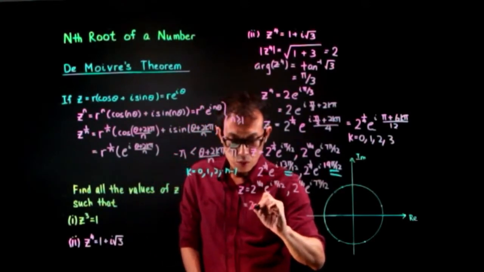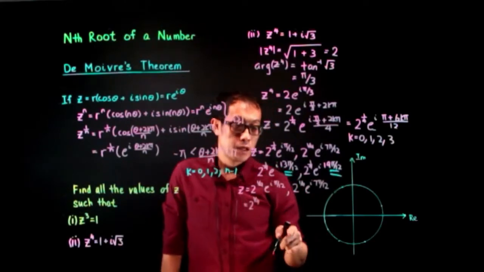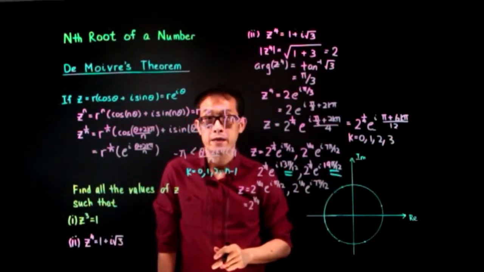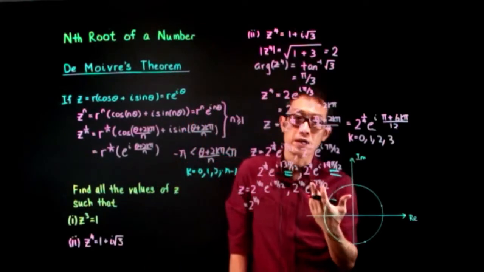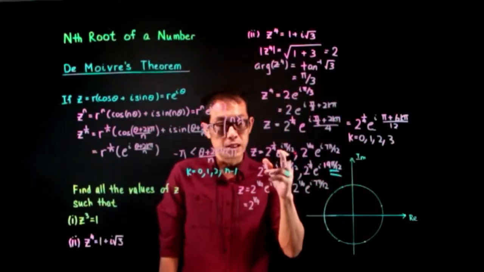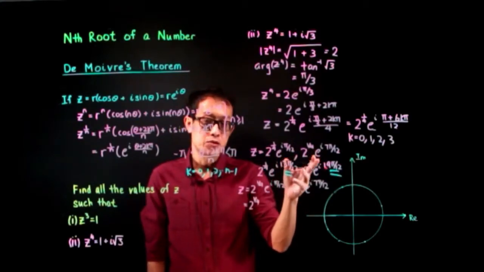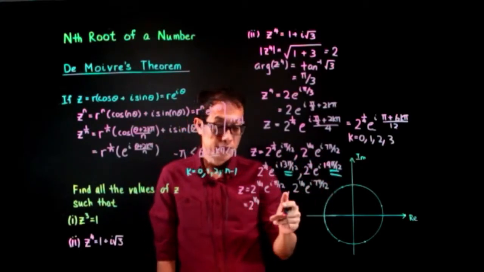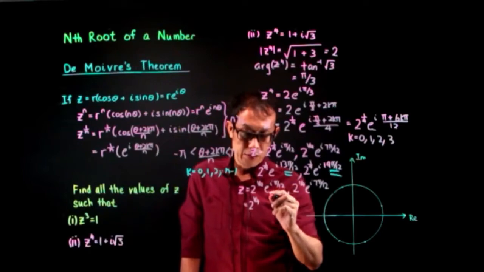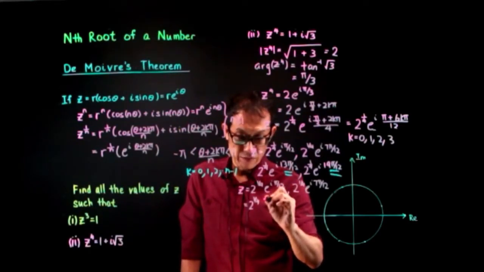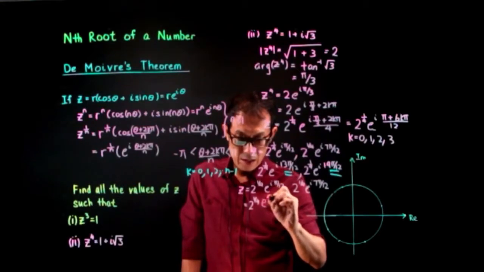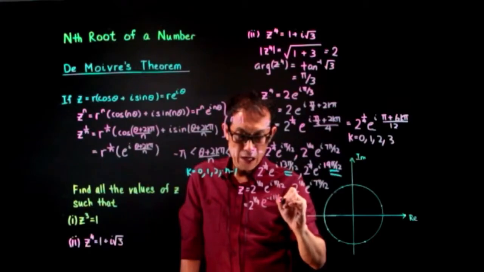Now this is 2 to the power of a quarter, and you subtract 2 pi. Minus 2 pi means 13 minus 24, divided by 12. So what will you get? You get minus 11 pi over 12, e^(i minus 11 pi over 12).